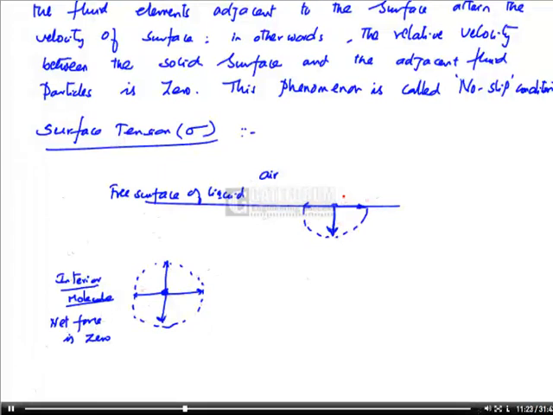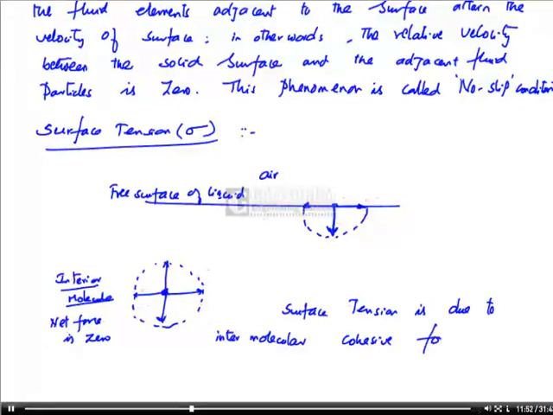So the top layer of the liquid is like a stretched rubber membrane under tension. This tension is called surface tension. So surface tension is due to intermolecular cohesive forces.